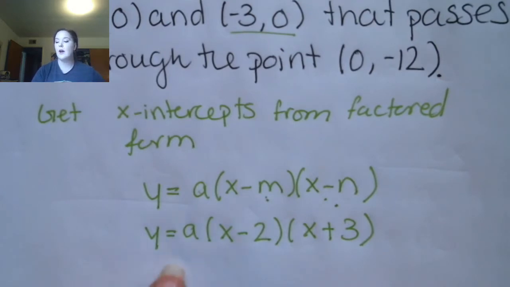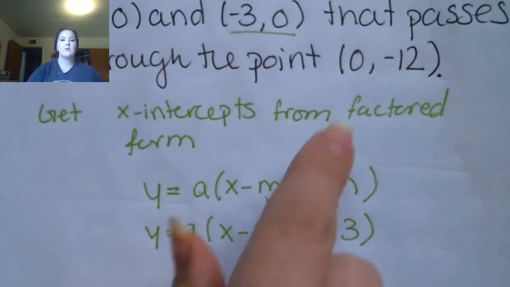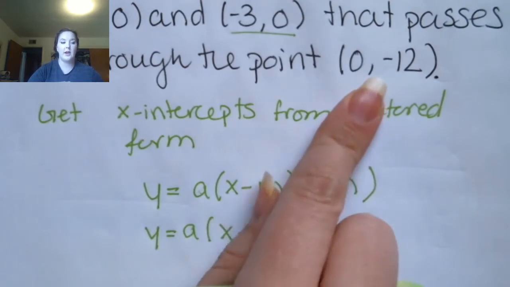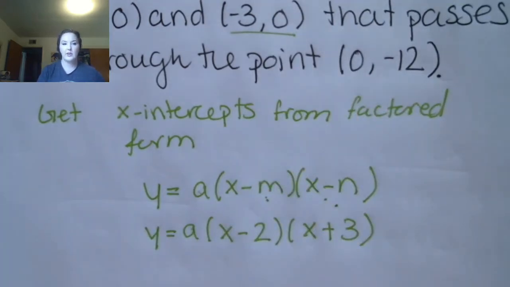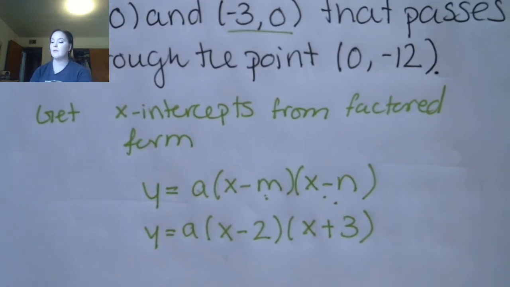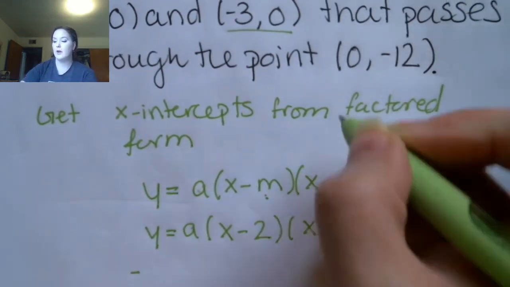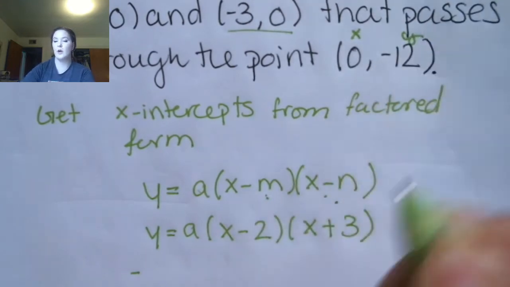Now we're going to solve for a using our additional point. You guys can see that that's kind of a theme: either the vertex or the x-intercepts is giving you most of your information, and then you're using your extra point to fill in that value for a. So we're filling in this for x and y.